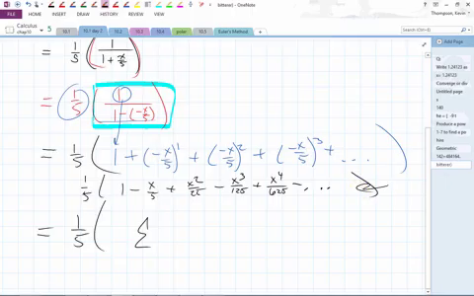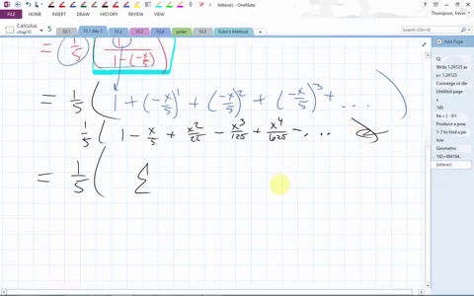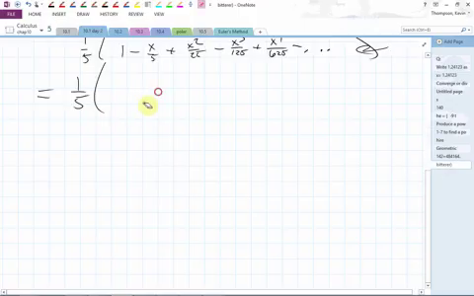So if you've written out your power series this way, I'm going to give you some tips on how to write the summation.